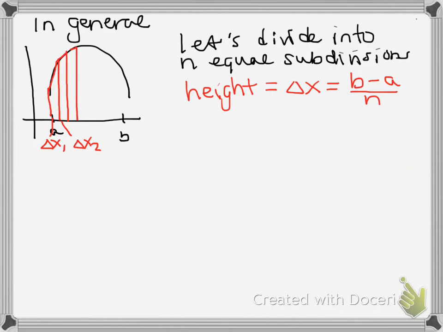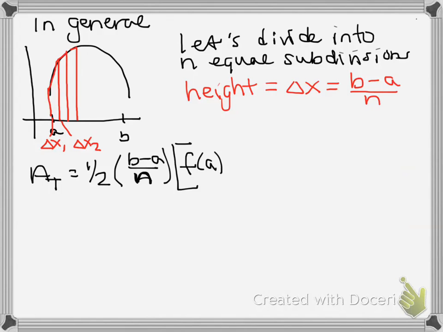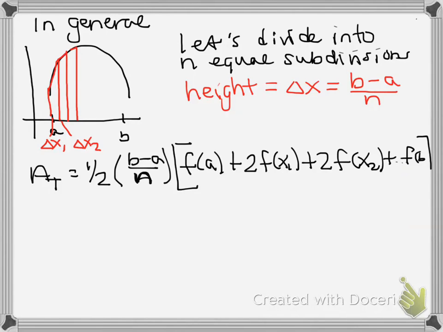So we have the area of our trapezoid, 1/2 of B minus A over n. That represents our height. And then we have f of A plus 2f of x1 plus 2f of x2, and so forth until you get to f of B, closing that off.